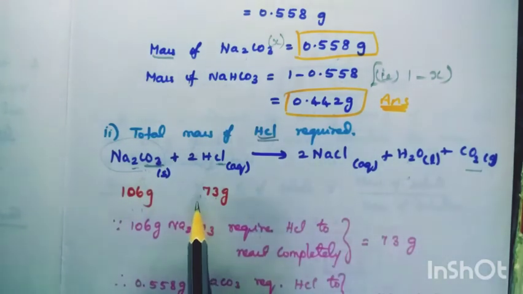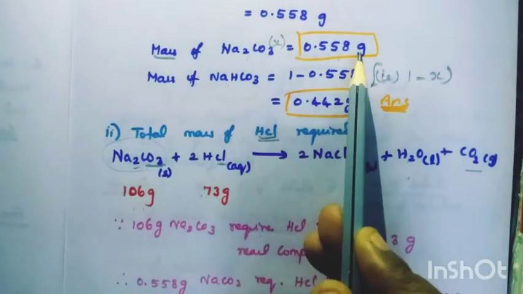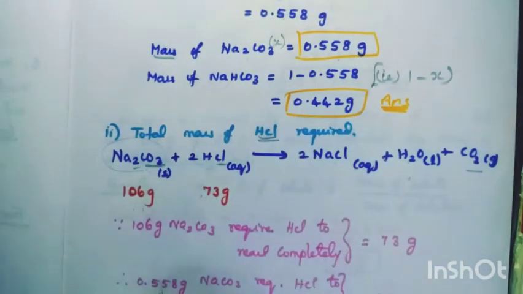Now we have the mass of sodium carbonate as 0.558 gram. How much HCl does 0.558 gram of sodium carbonate require to react completely?